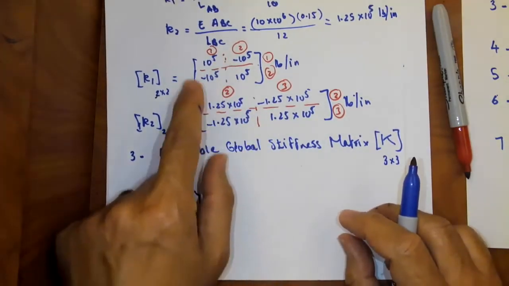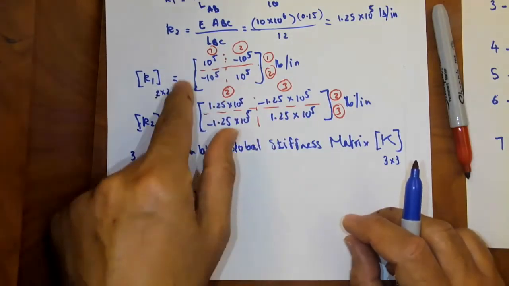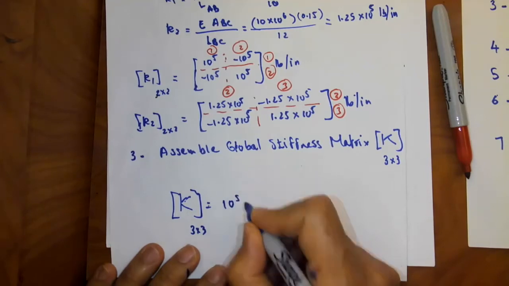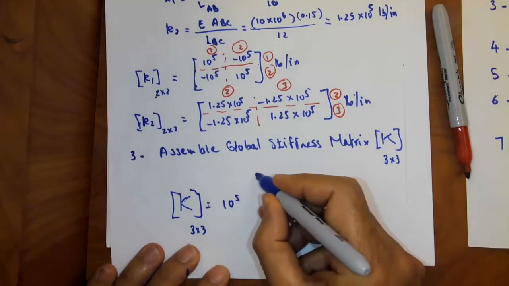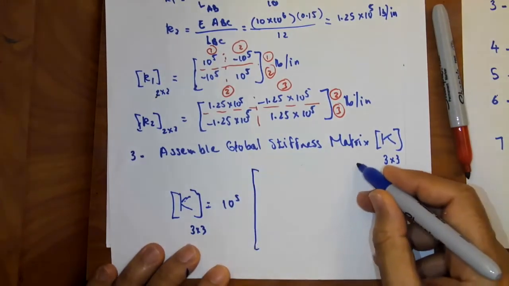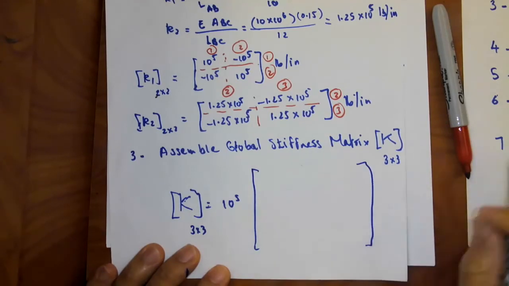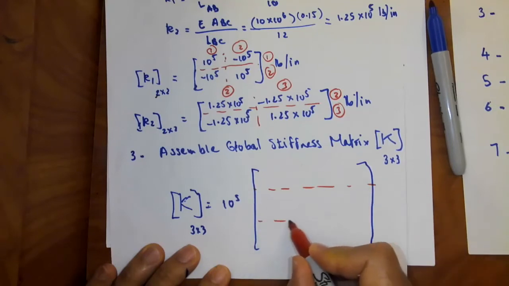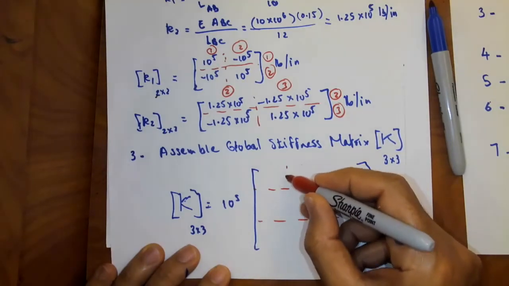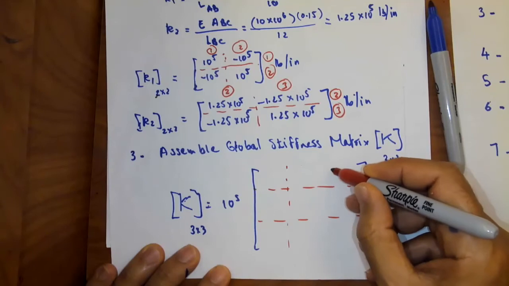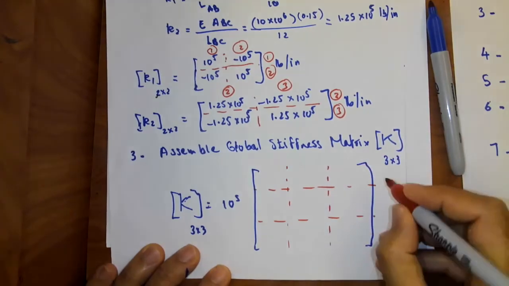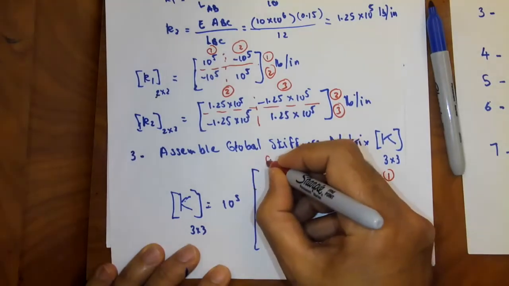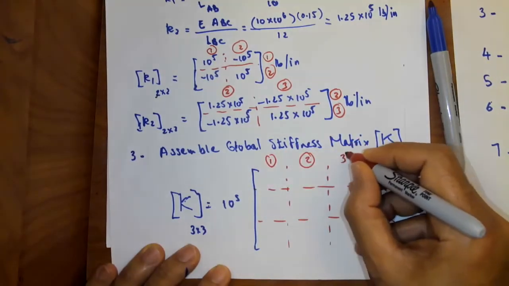Now, looking here at K1 and K2, I see 10 to the power 5 everywhere. So I'm going to take 10 to the power 5 outside to make it simpler. And then I'm going to write it down here. And we are going to assemble it using degrees of freedom. So I have 3 rows and 3 columns, 1, 2, and 3.